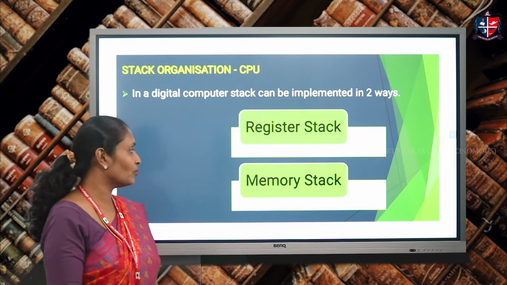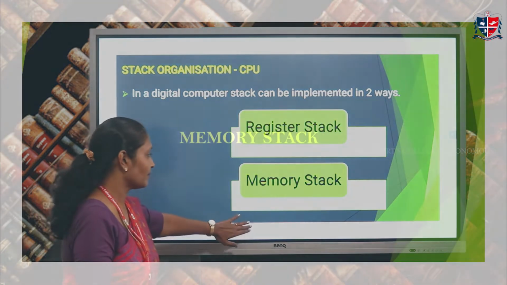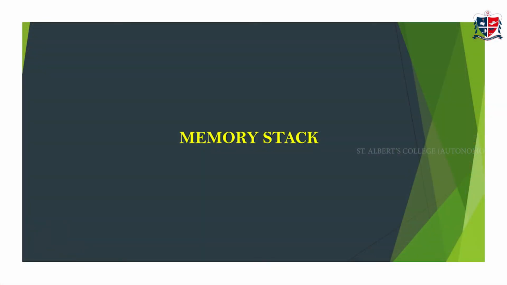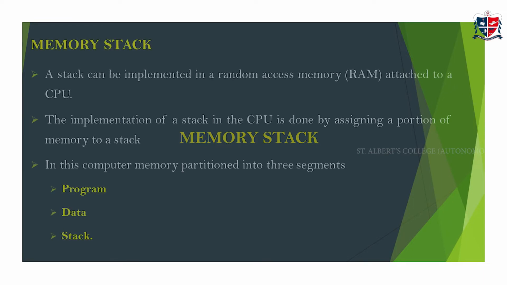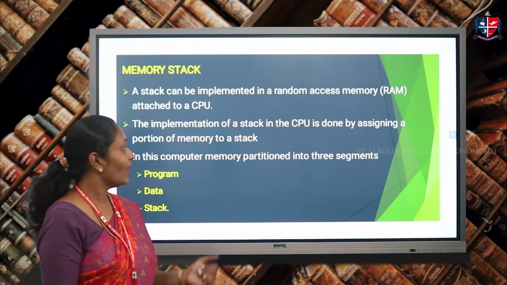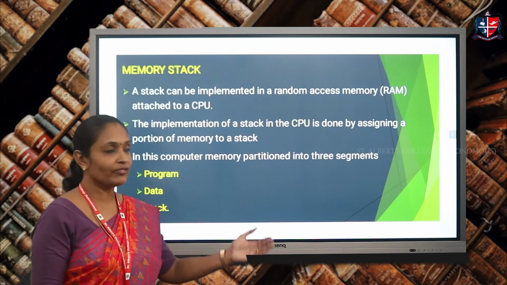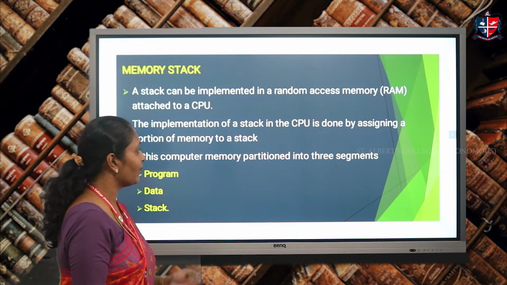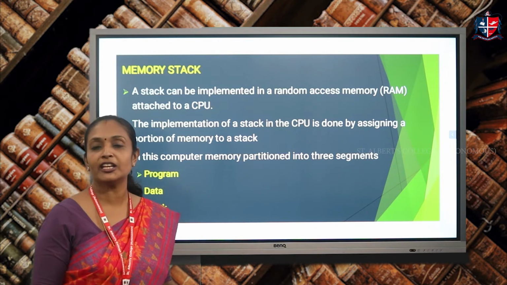Now we are moving on to this memory stack. In memory stack, the memory of the computer system, that is the random access memory, can be arranged in the form of a stack. So a stack can be implemented in a random access memory attached to the CPU. That is, the implementation of the stack in the CPU is done by assigning a portion of the memory to a stack.